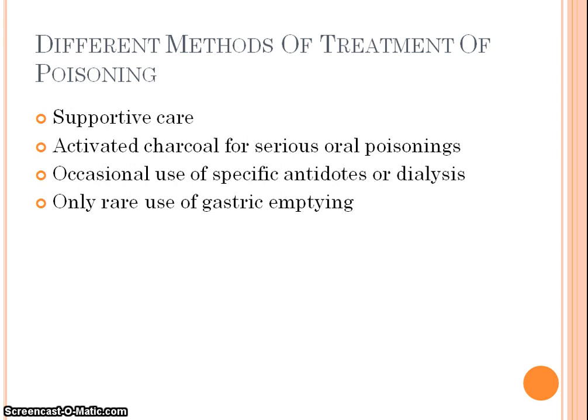The treatment includes supportive care, activated charcoal that is to be used for serious oral poisoning cases, and sometimes specific antidotes that are used, including dialysis, and only in rare cases gastric emptying, or what is called gastric lavage, that is to be carried out.